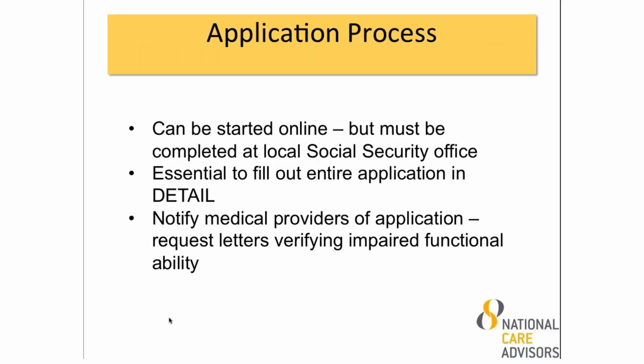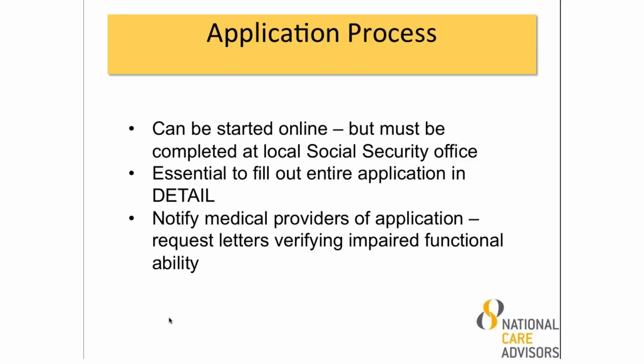So the application process. Well, we're almost paperless, but we're not really paperless. For SSI, it can be started online. It's a little confusing on the website, although there is a wonderful guideline about the documentation and the information that you need to collect prior to starting the application process. You can start it online.